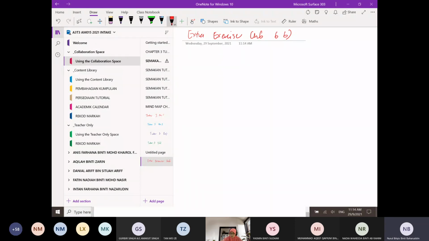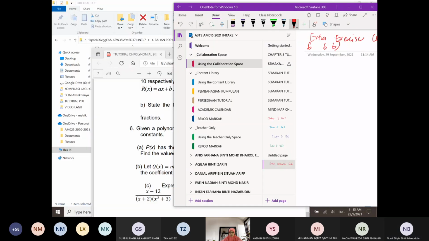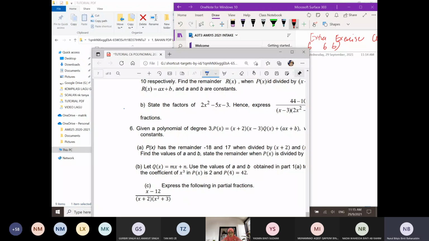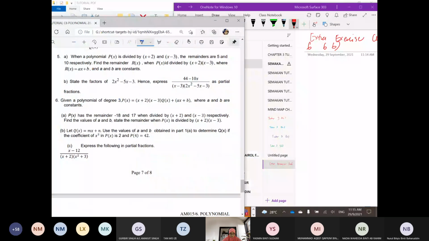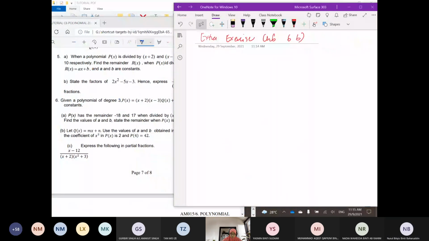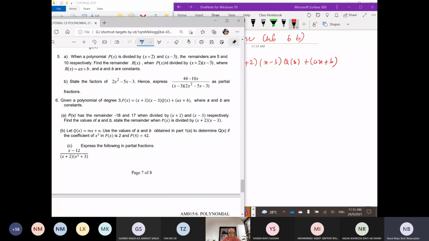So it's mentioned here: P(x) equals (x plus 2)(x minus 3)(Q(x)) plus ax plus b, where a and b are constants.